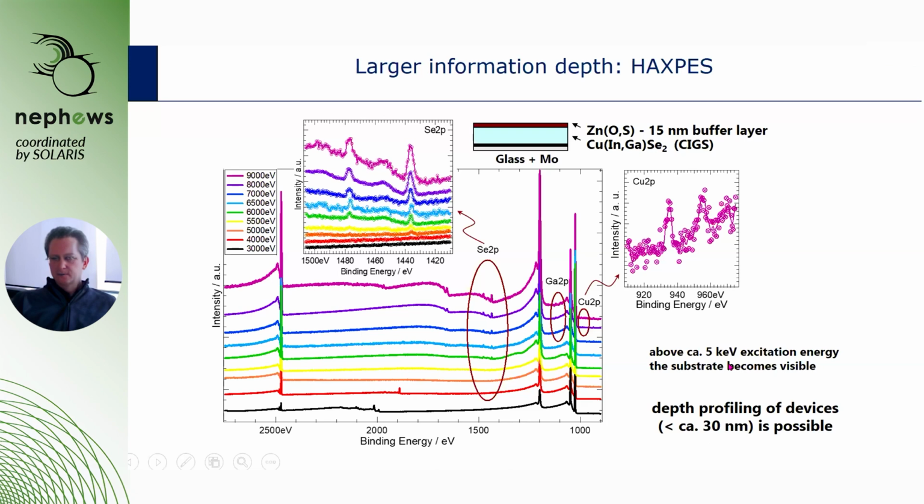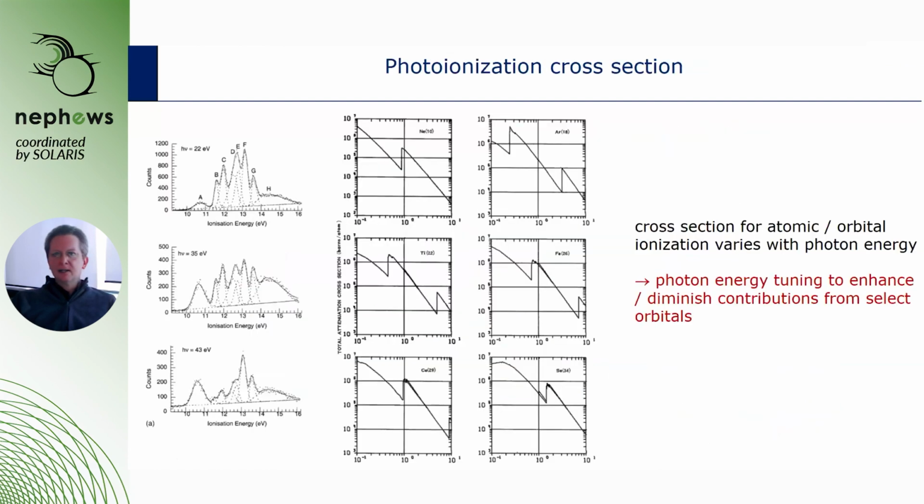And also, of course, you can look in detail at chemical shifts and at electronic and stoichiometric properties of interfaces that are buried below something that is protecting them. So this is one thing you can play with at the synchrotron.